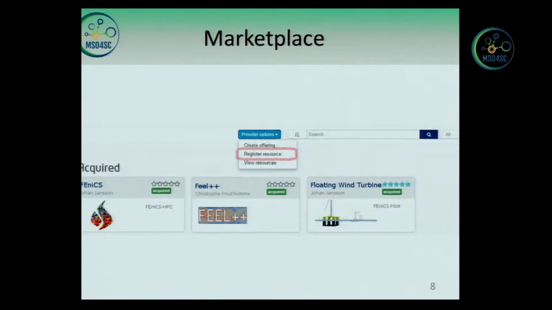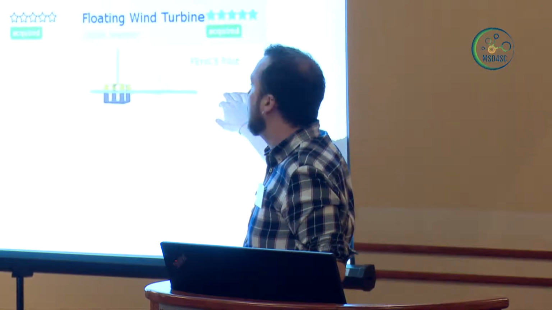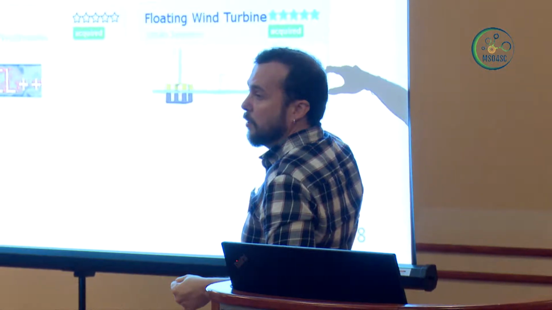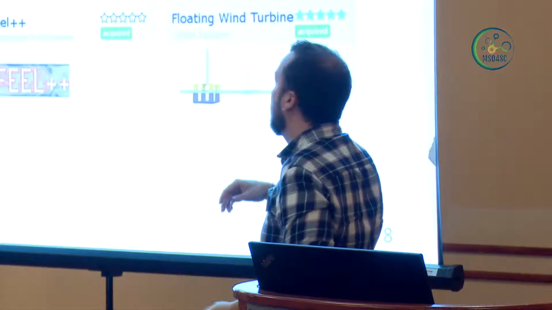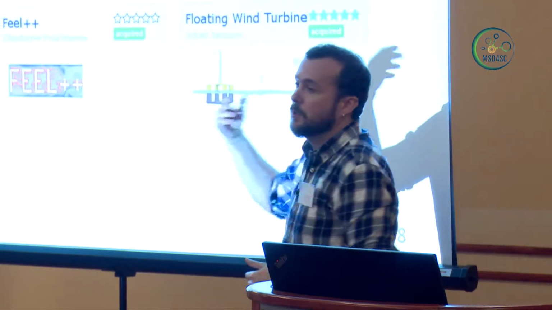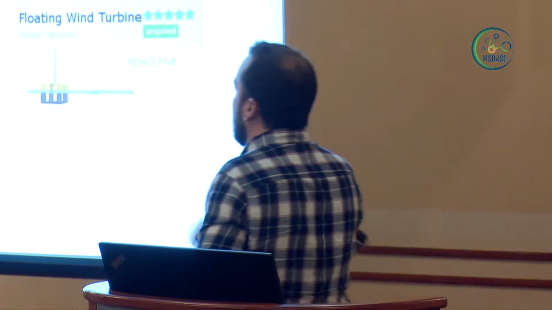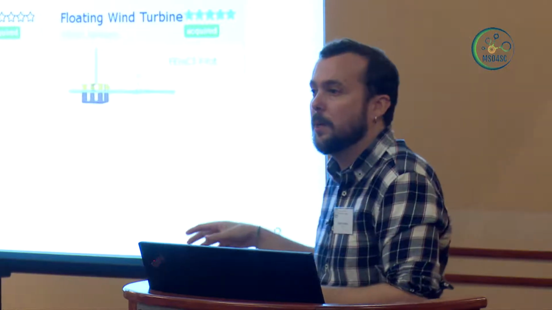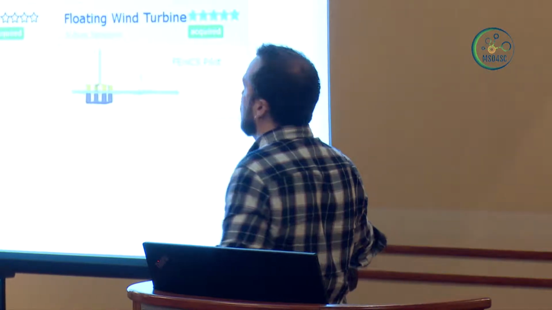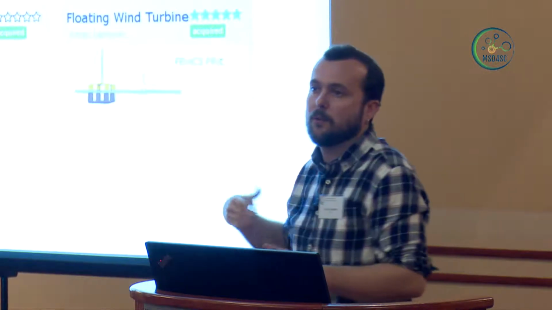And also, once we acquire a software for our organization, we're going to be able to use it, selecting it, I will be talking about that a bit later, to run the mathematical frameworks or the applications, and also register our own applications. For example, if we have Field++, but we are developing an application using Field++, we will be able to register it here, inside the organization.